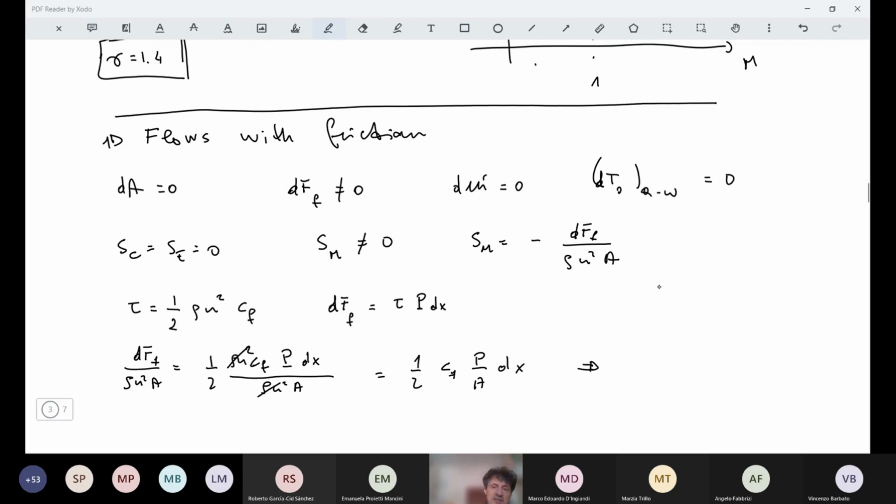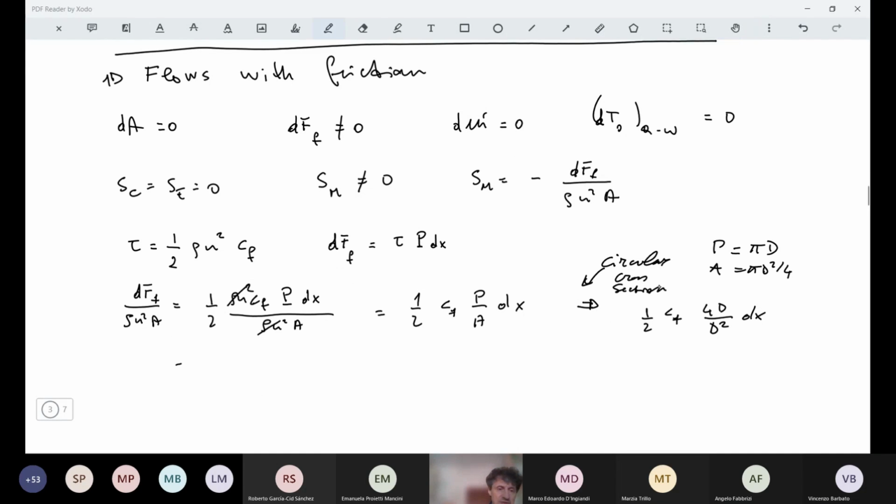If you have the special case of circular cross section, P is pi d, where d is the diameter, and A is pi d squared over 4. So it becomes 1/2 CF, I simplify pi, so I have 4d over d squared dx. So at the end, for circular section channels, I have 1/2 times 4 times CF and dx over d, which is a non-dimensional length.